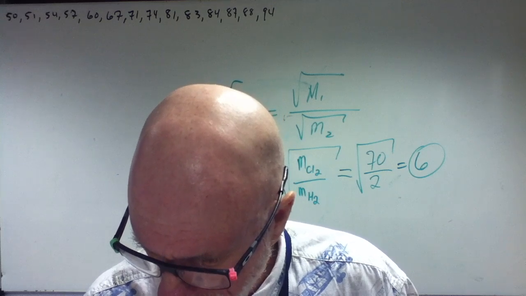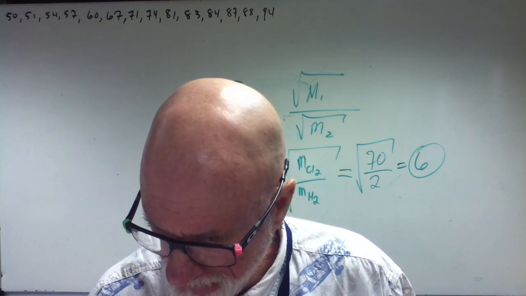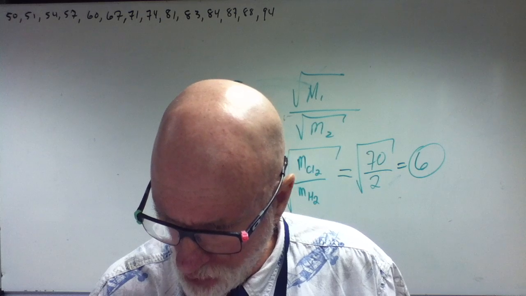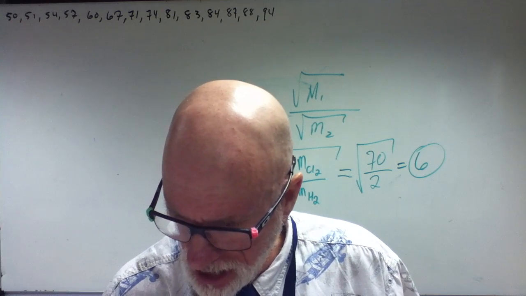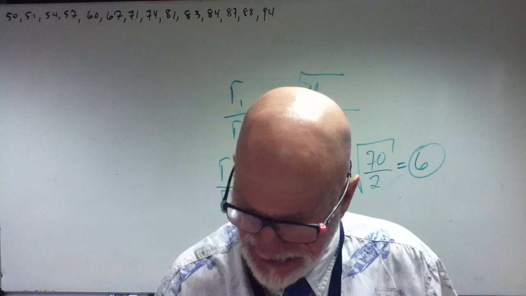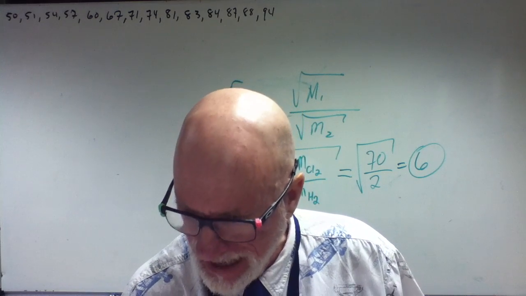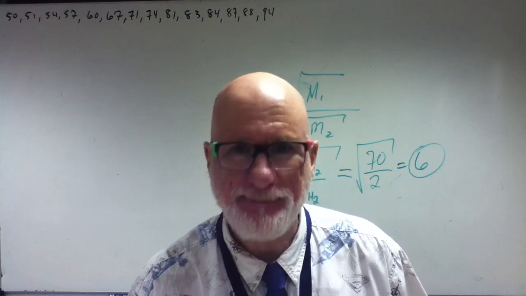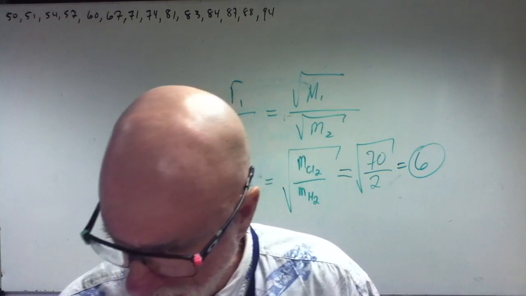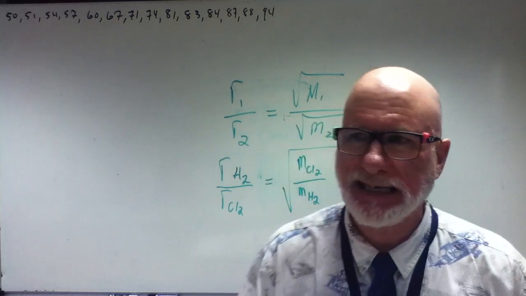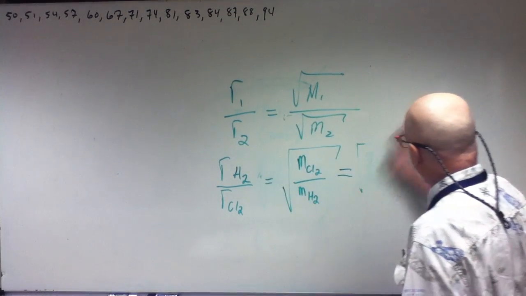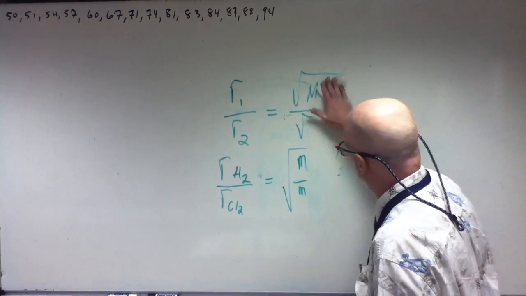Now, let's do 74. Calculate the ratio of the velocities of helium atoms to the velocity of fluorine molecules at the same temperature. Calculate the ratio of velocities. How would you do that? You know what?